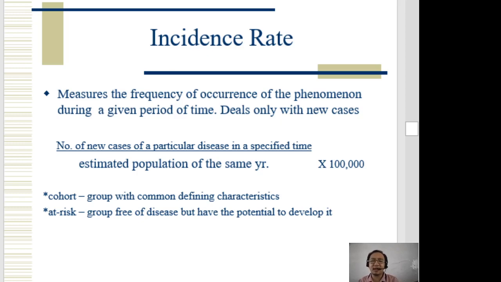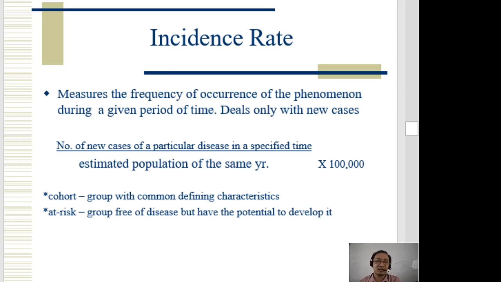There are two terms related here. We have cohort. It's a group of people with common defining characteristics. A cohort, a group with the same characteristics, will tend to give you the same incidence of diseases. For example, all 40-year-olds will give the same characteristics.